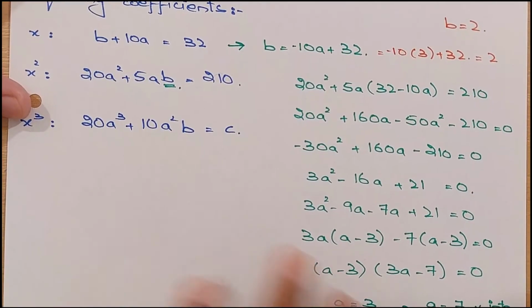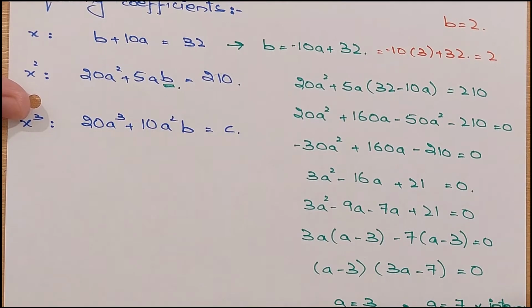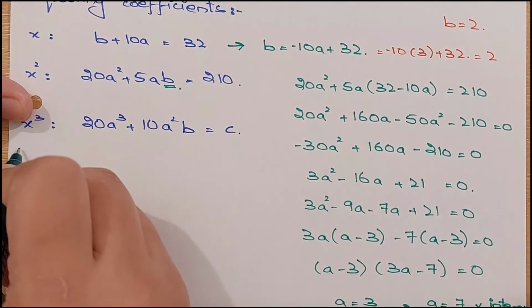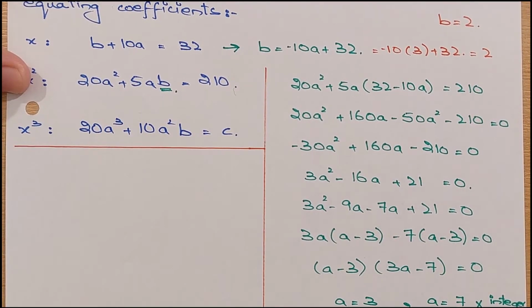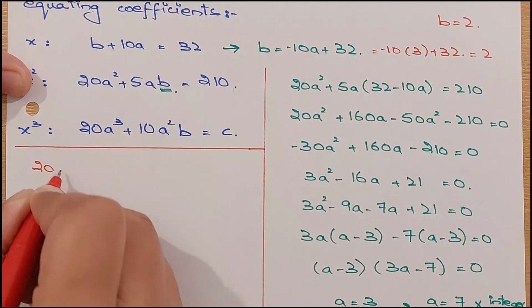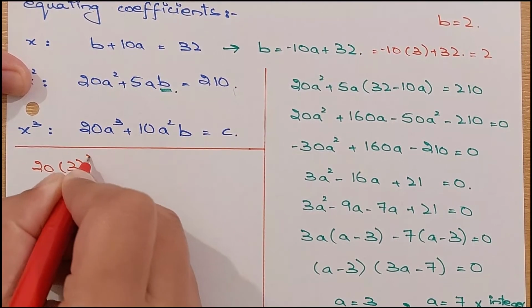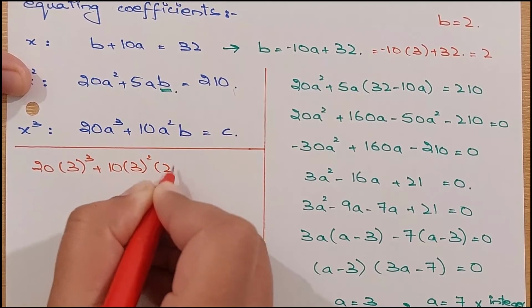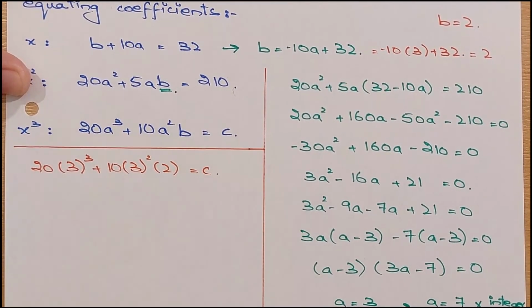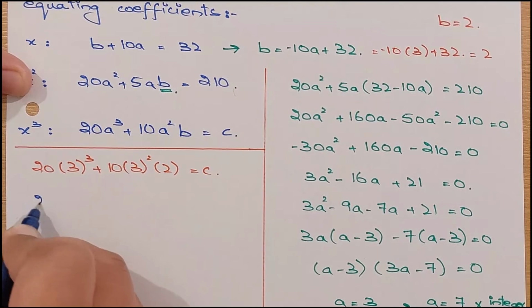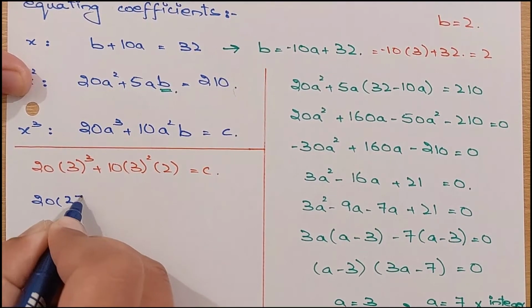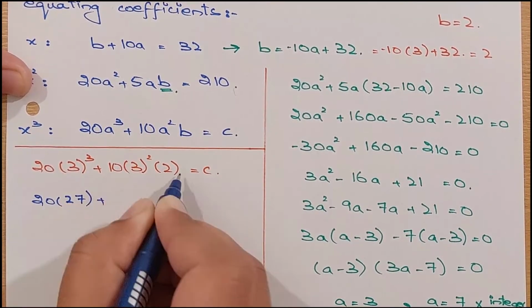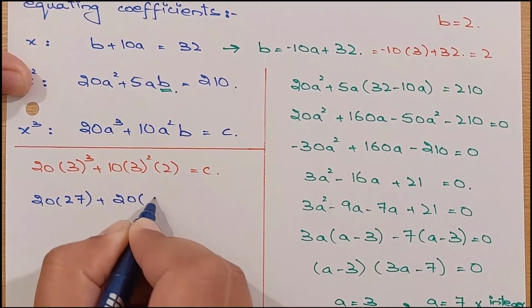Now let me substitute the a and b value into this equation to get the c, right? Okay. Now 20 times a, which is 3 cube, plus 10 times 3 square times b, which is 2. This is equals to the c value, right? So now we have 3 cube is 27, 20 times 27, and 10 times 2 is 20, and 3 squared is 9.